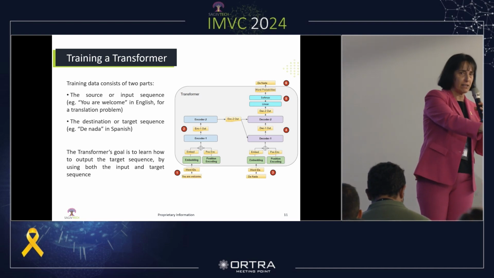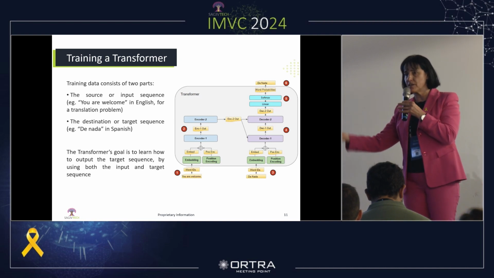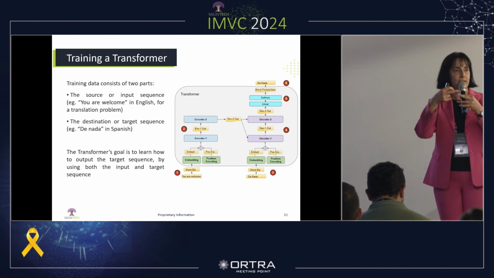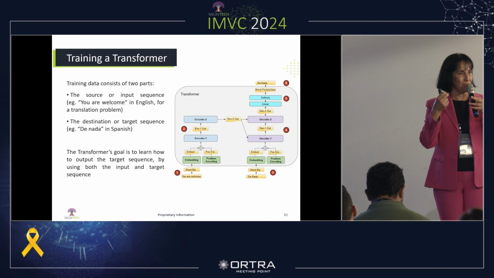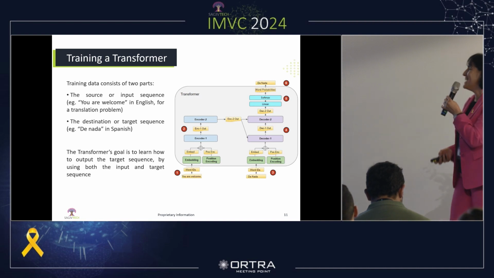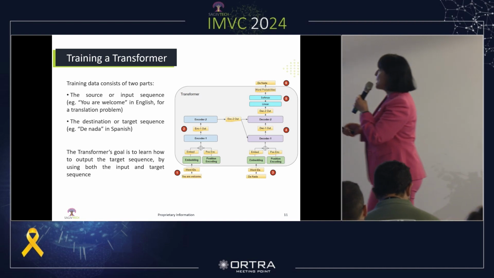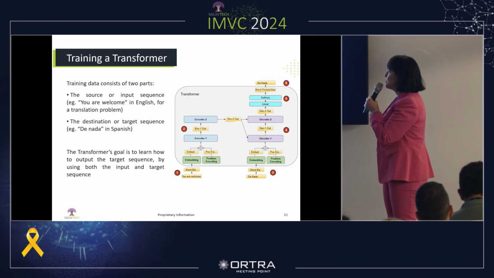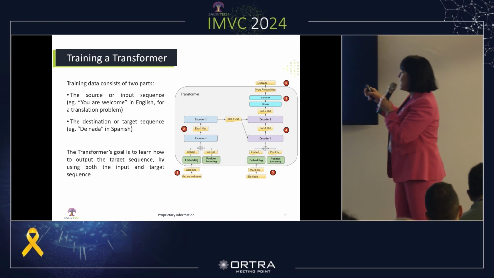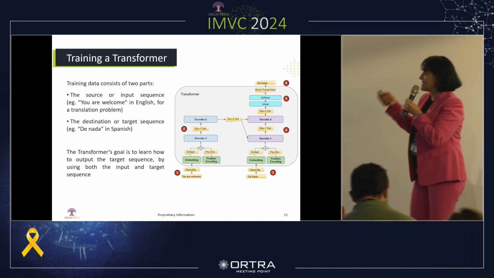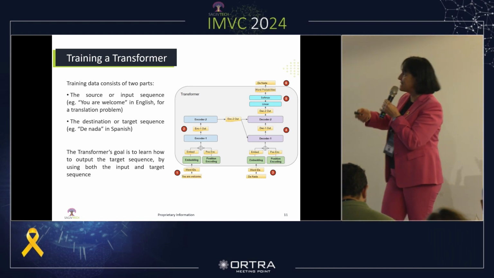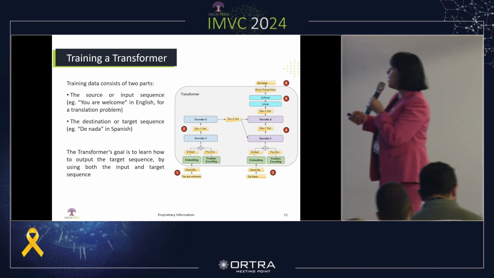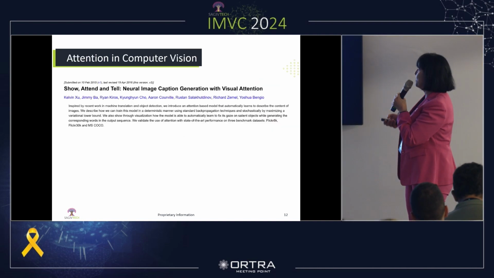So this is self-attention in the input, self-attention in the output, and also attention between the input and the output. So it's a very complicated and complex attention mechanism, and of course I'm not going to go into all the details of that, but as I said, this is the basic structure of how you are training a transformer.